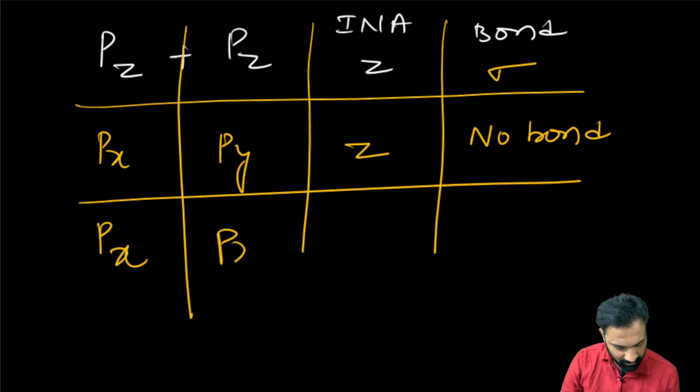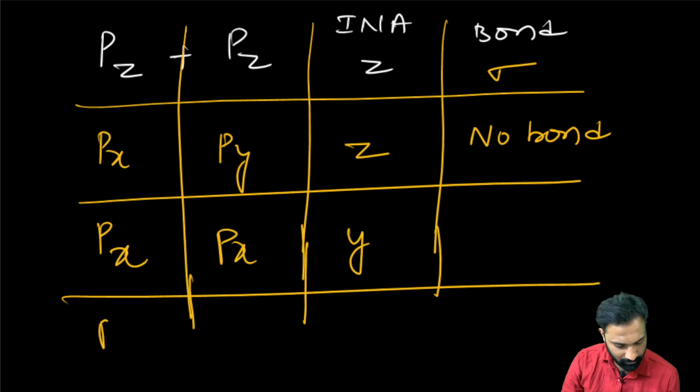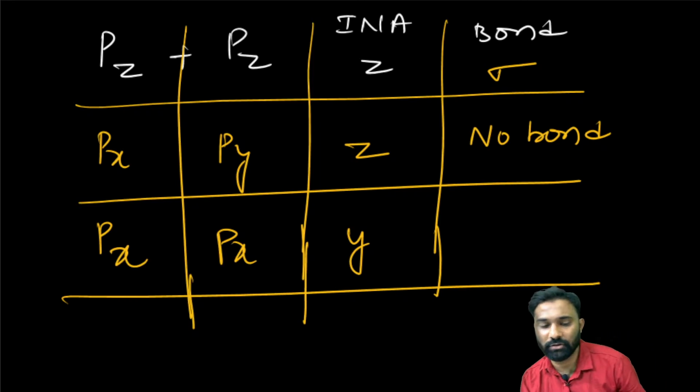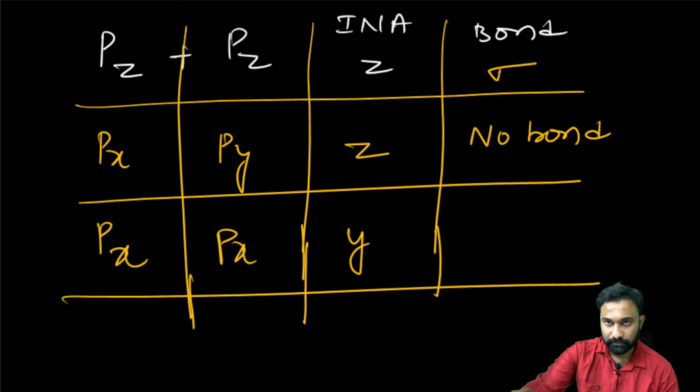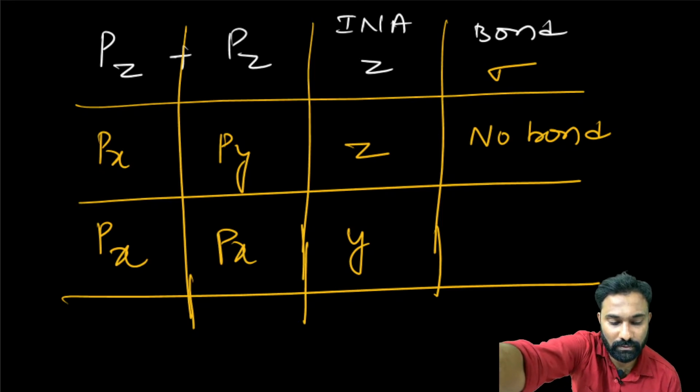px, px, internuclear axis y. Now which bond will it give?